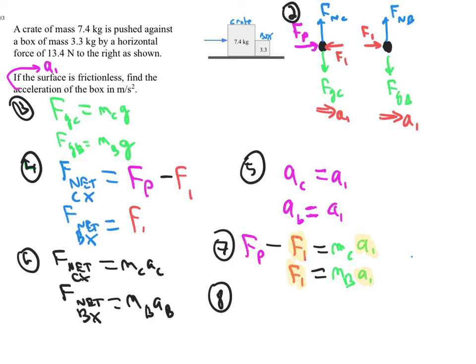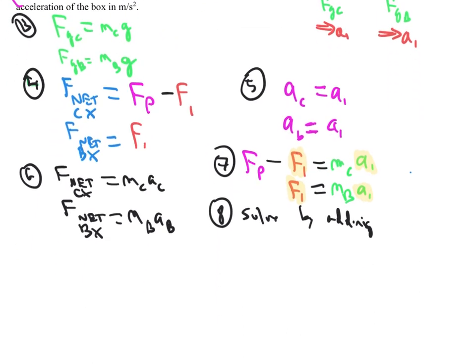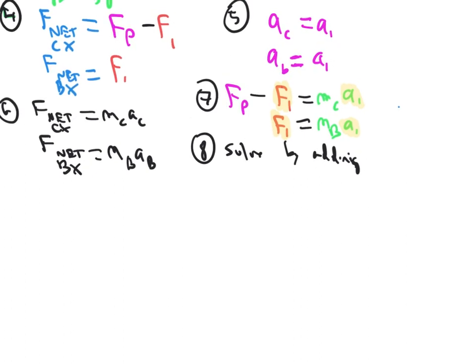The way I'm going to solve it is I'm actually going to add the equations. I'm just going to recopy them. I have FP minus F1 equals MC A1, and I have just F1 equals MB A1.